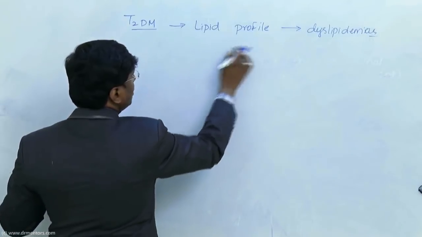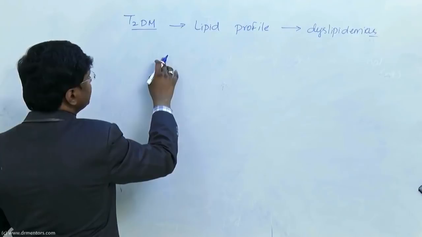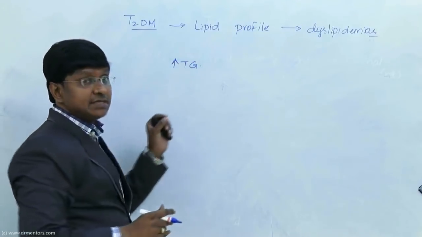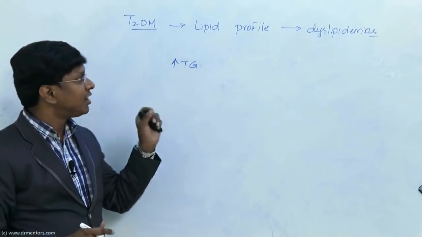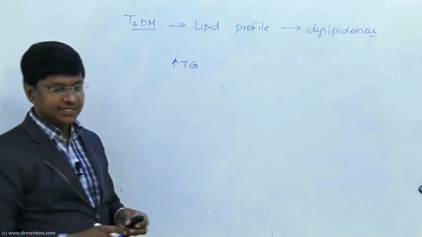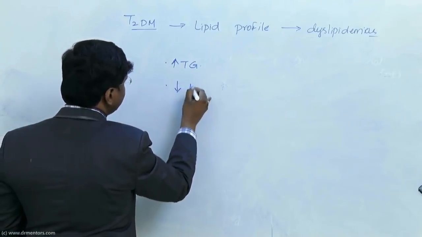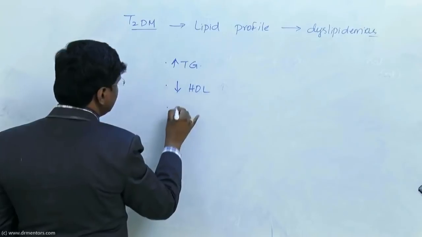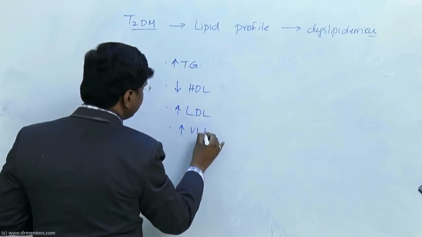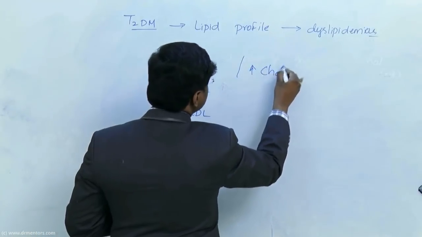Now, what dyslipidemia will you have in these patients with type 2 diabetes mellitus? They will have increased triglycerides. Remember, this is the most important dyslipidemia you see in patients with type 2 diabetes mellitus. And apart from increased triglycerides, there is also decrease in HDL, increase in LDL, increase in VLDL, and also increase in the cholesterol levels.